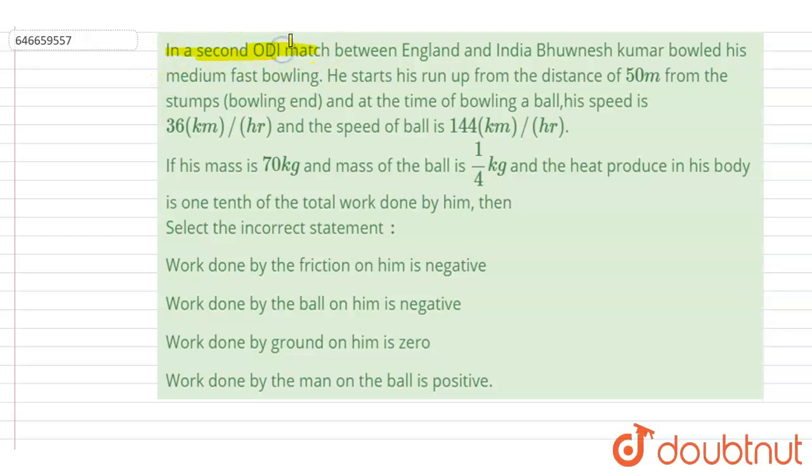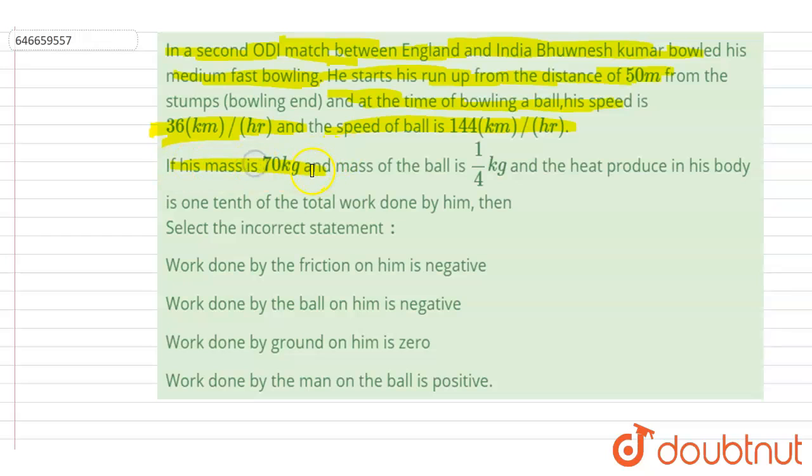Hello everyone. In a second ODI match between England and India, Bhuvneshwar Kumar bowled his medium fast bowling. He started his run up from a distance of 50 meter from the stump, and at the time of bowling a ball, his speed was 36 km per hour and the speed of the ball was 144 km per hour.